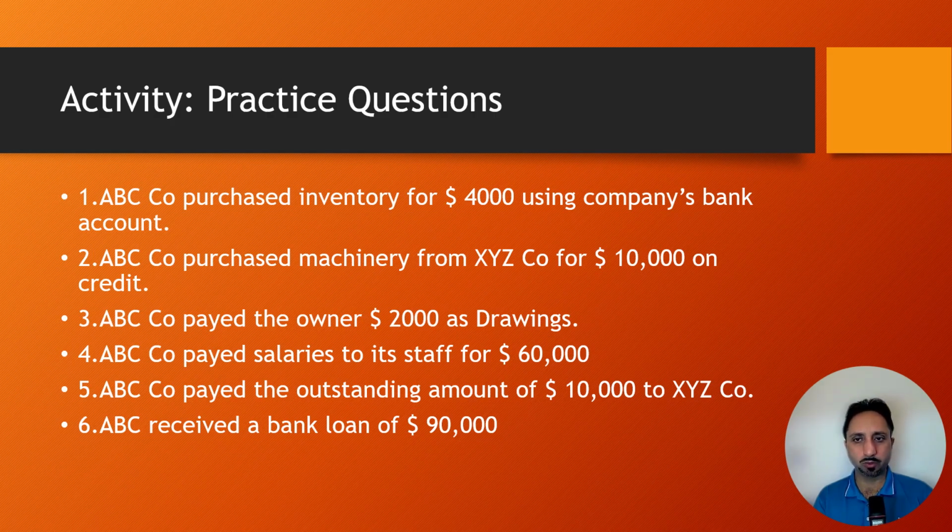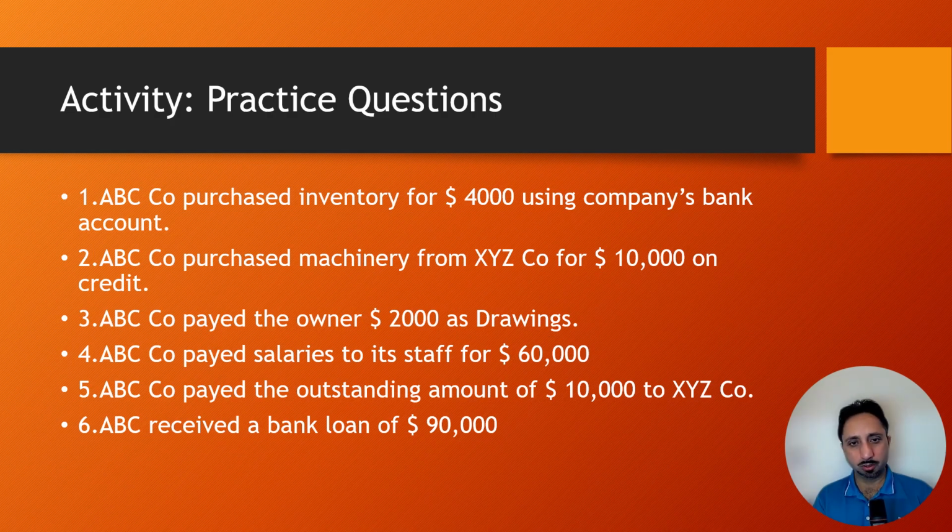One is inventory, one is bank account, and one is being debited, the other is being credited. Question number 2. ABC Corporation purchased machinery from XYZ Co. for $10,000 on credit. Now machinery is being purchased, so value of machinery is going up by 10,000, and there is increase in the value of liabilities by 10,000.